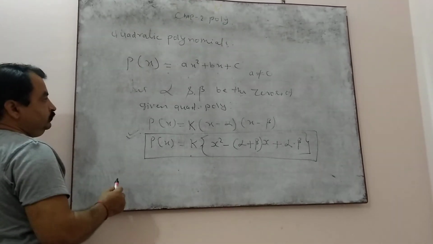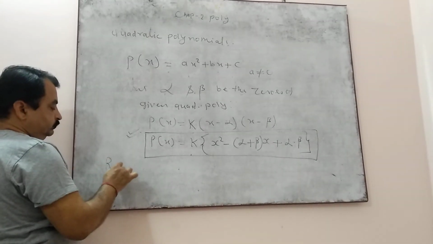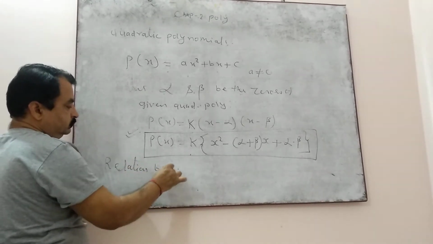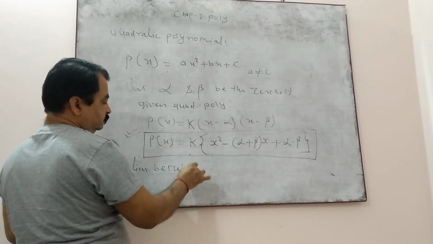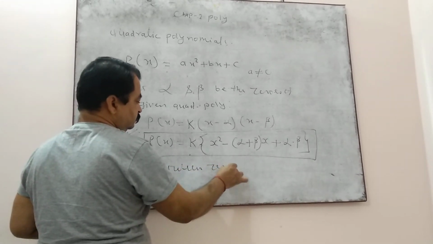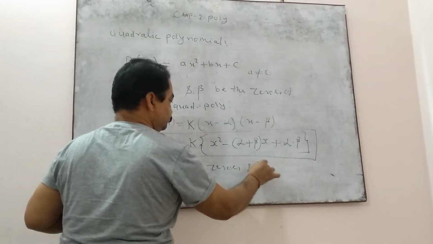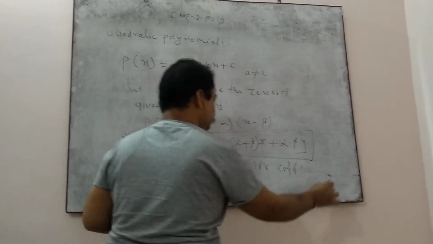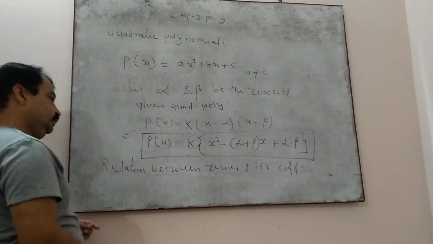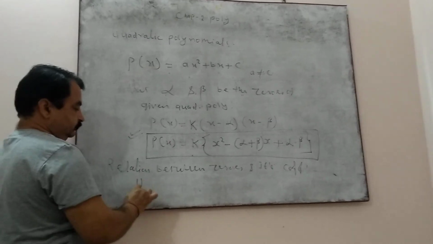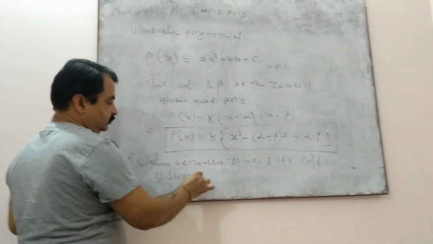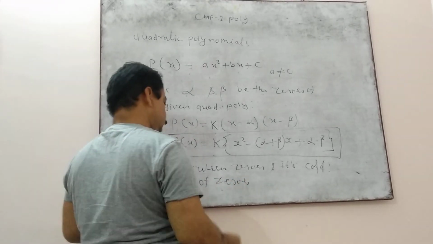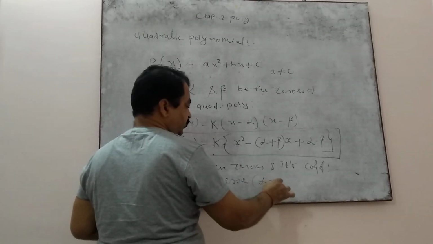First, the sum of zeros, that is alpha plus beta.